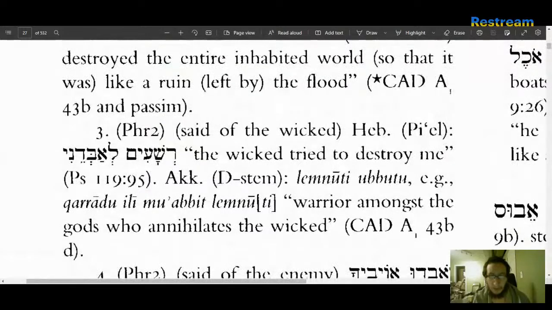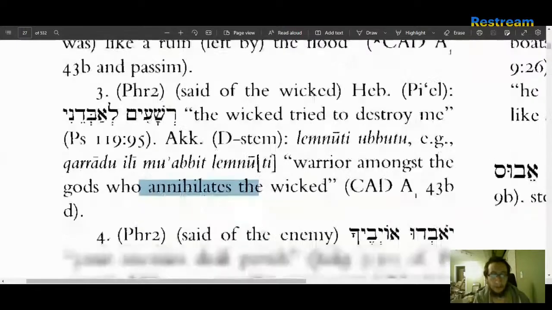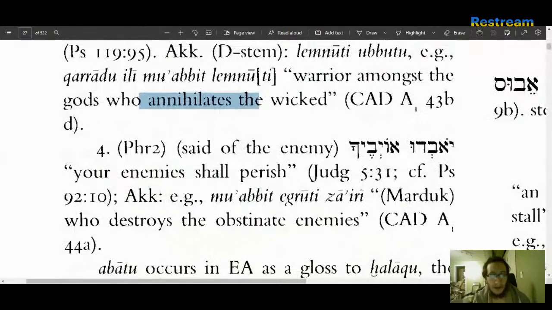Said of the wicked, they tried to destroy me. And then the Akkadian says, the warrior amongst the gods who destroys the wicked. Said of the enemy, your enemies shall perish. So this is shall perish, this is they, this is enemy, plural, and this is your.